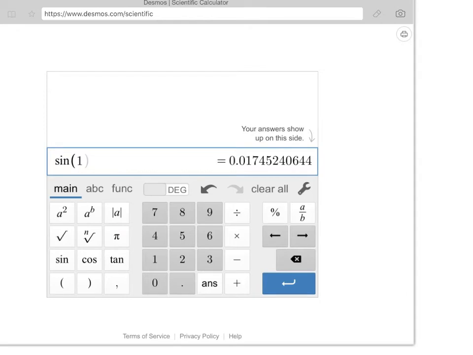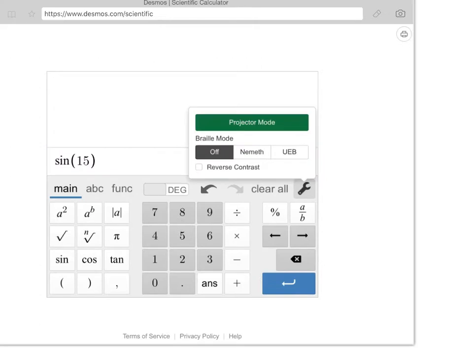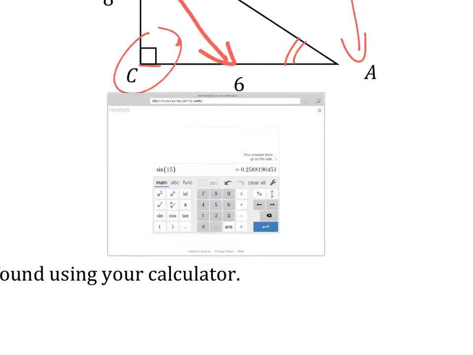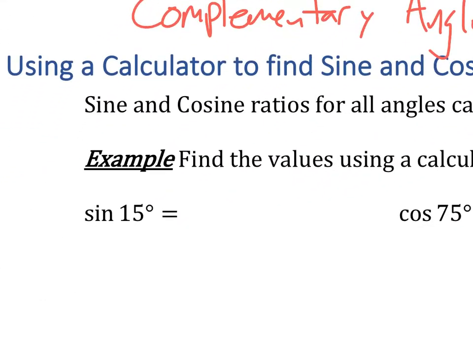Now remember, we got to make sure this is in degrees. If you're using the scientific version of Desmos, it's got this cool little slider right here. If you're using the graphing calculator version of Desmos, then you got to go under the settings, the little tool thing there, all right? But make sure it's in degrees, or if you have a scientific calculator, got to be in degrees. So it's 0.2588, all right? The sine of 15 is 0.2588.